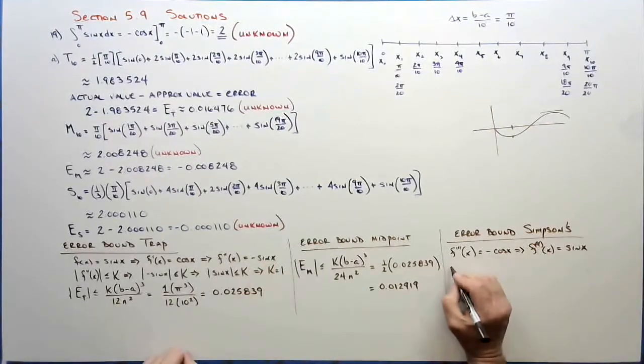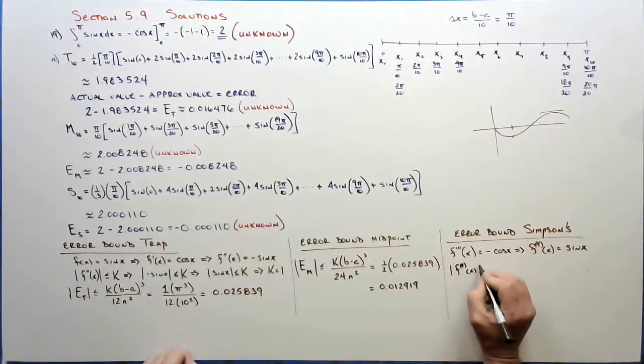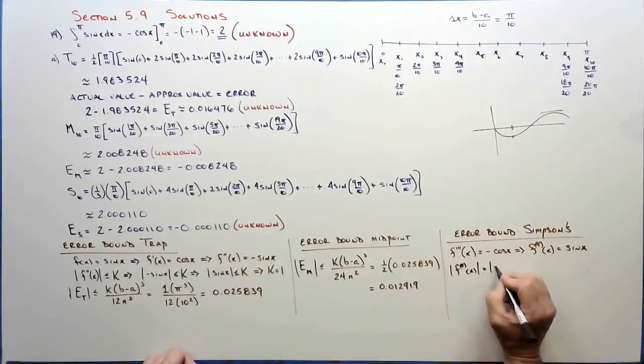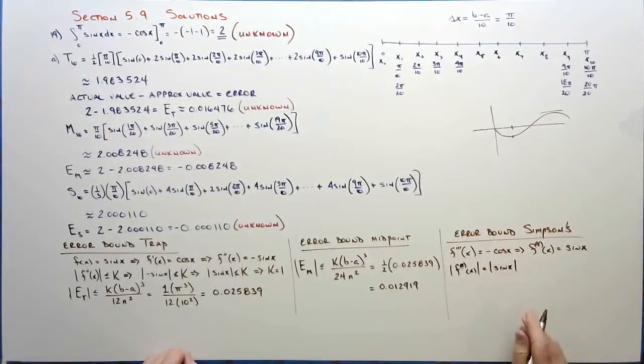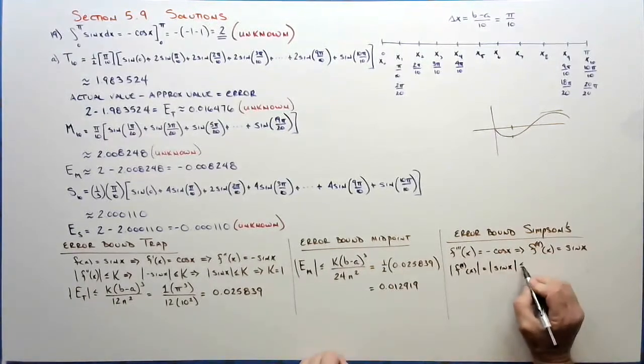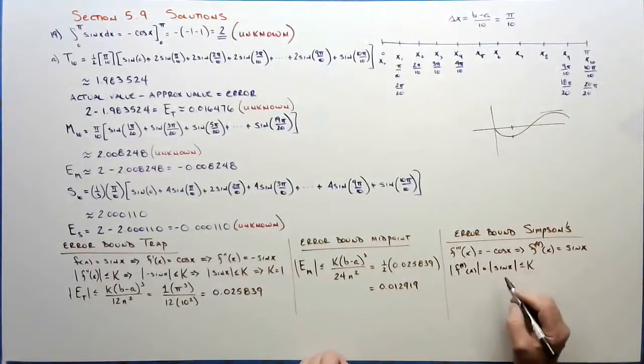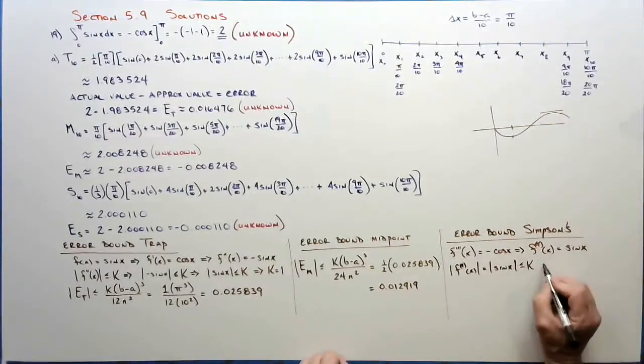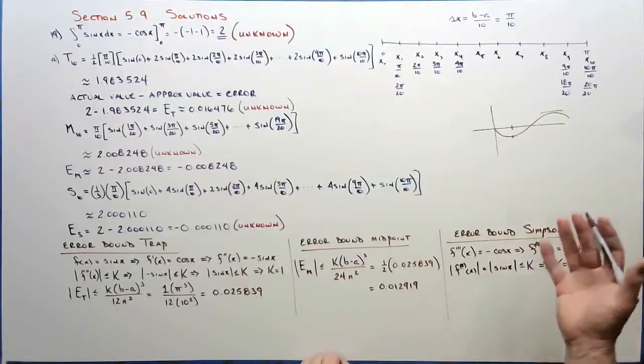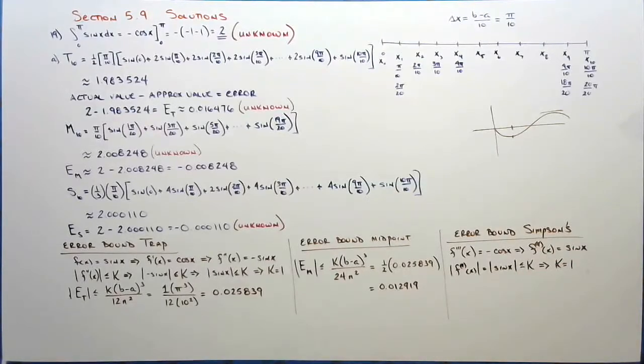So we need the absolute value of the fourth derivative, which would be the absolute value of sine x. We need our k to be greater than or equal to that. The largest sine ever gets is 1. So once again, we can use k equals 1 because that's the maximum value of the sine curve taken in absolute value.